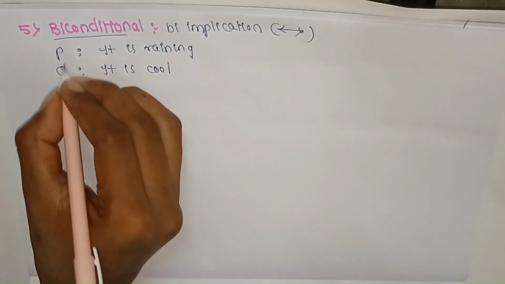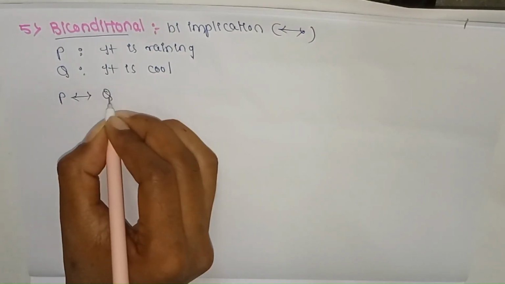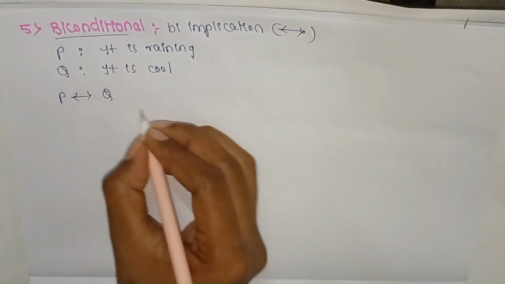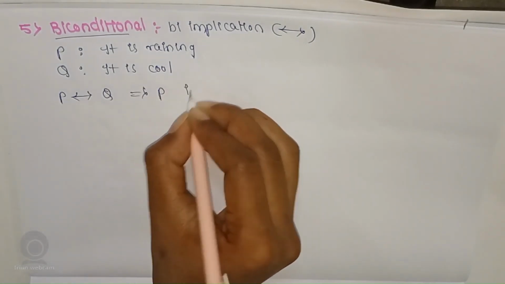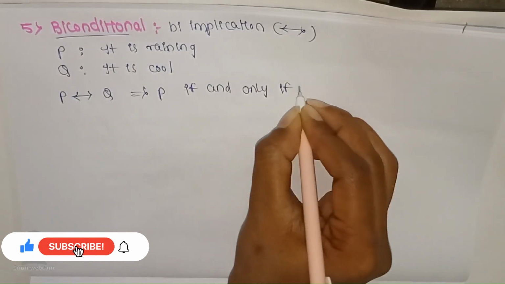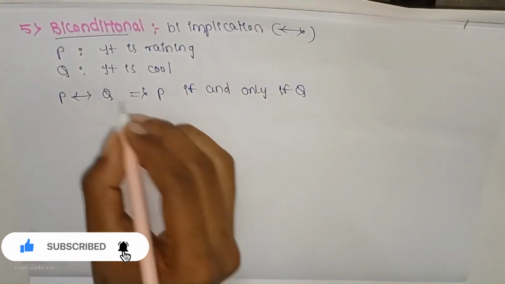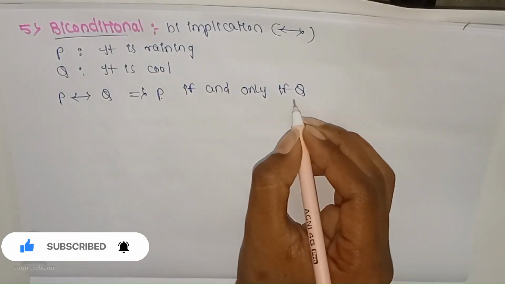The biconditional of these two statements is denoted as P biconditional Q, which is read as P if and only if Q.